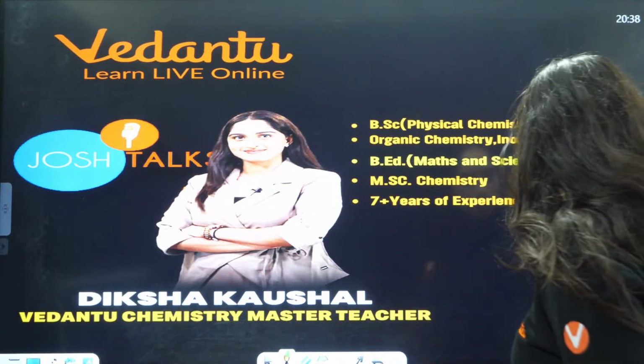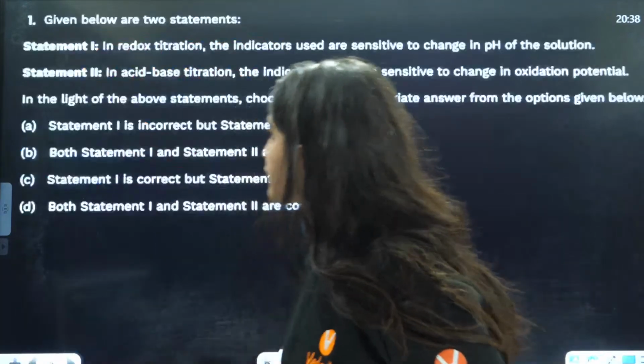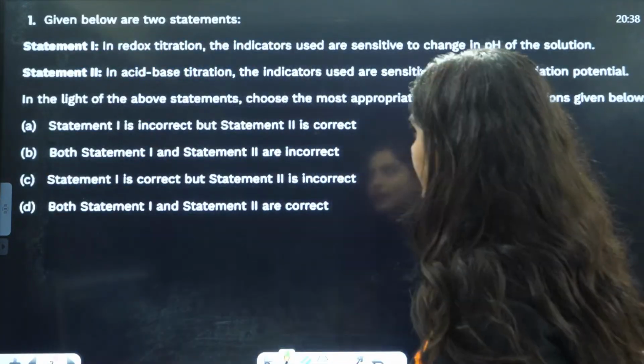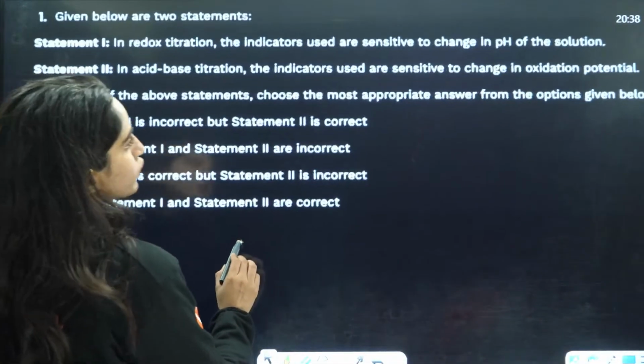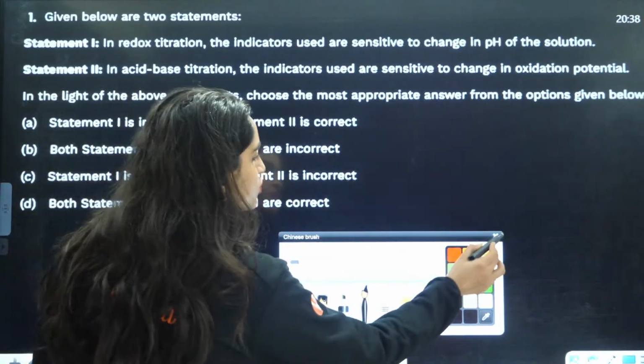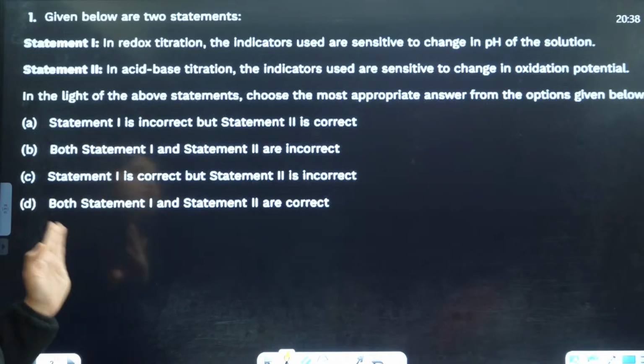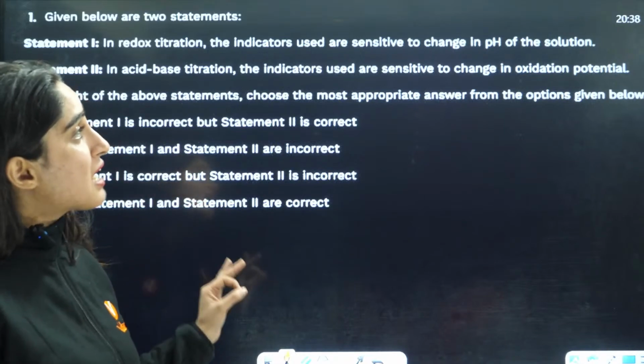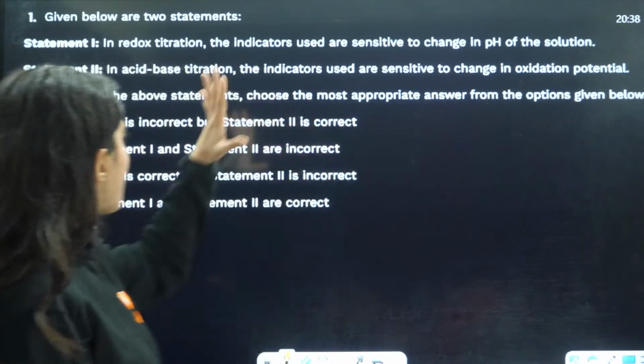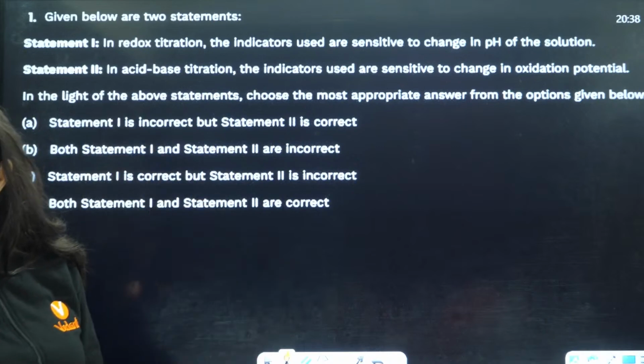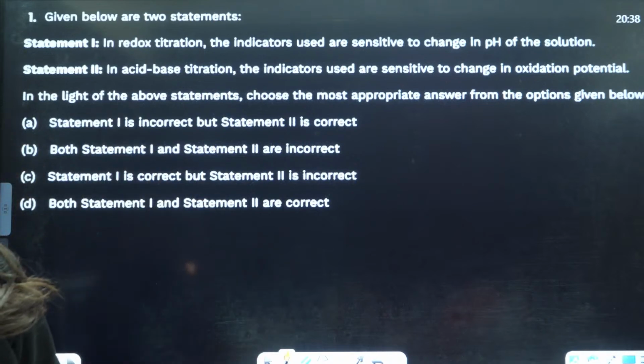So the first question that you can see on your screen is, given below are two statements. In redox reactions, the indicators used are sensitive to change in pH. You have to tell which statement is correct or incorrect.